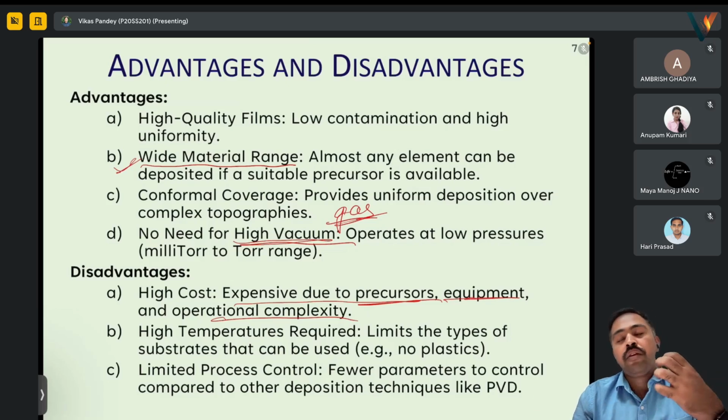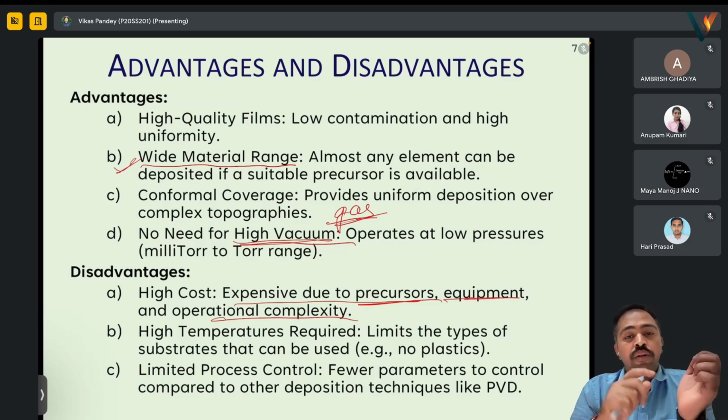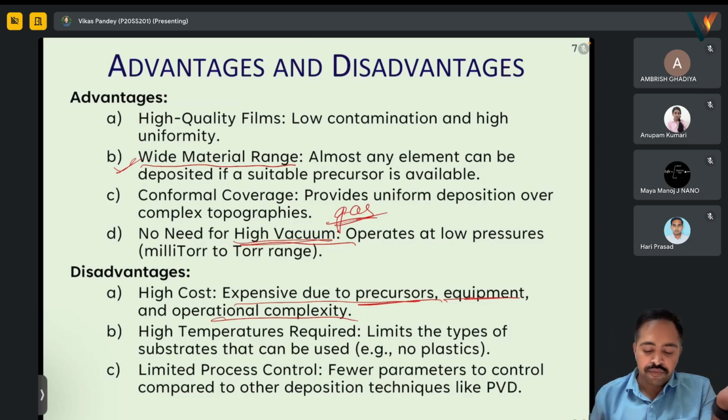When we talk about physical vapor deposition, we can even tune the power, how much power is being used and what the rate of deposition will be. Whereas in this case, it is reaction dependent as well as pressure and temperature dependent. That will determine the control parameters. These are some of the disadvantages.